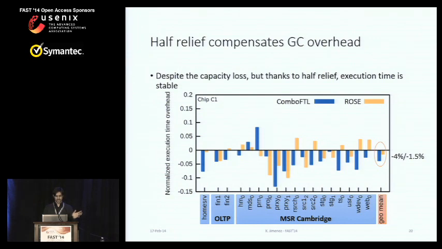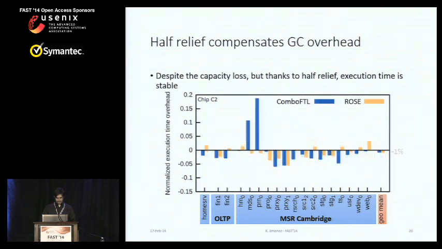So you should read the graph with lower being better, because on the y-axis we have the normalized execution time for each benchmark. And on average, for the first chip, we have -4% of execution time for combo FTL and -1.5% for rows. For the second chip, we have two cases where combo FTL behaves very poorly.